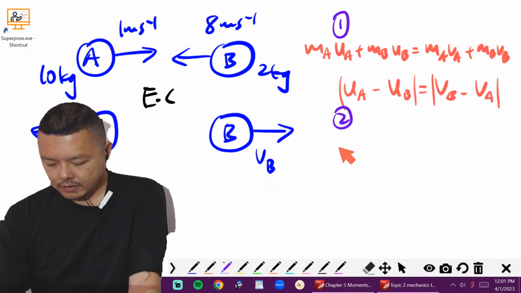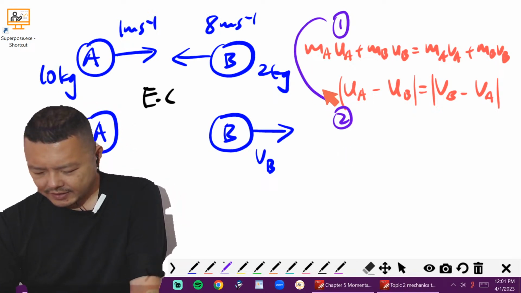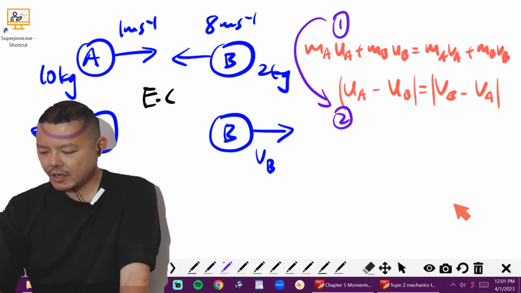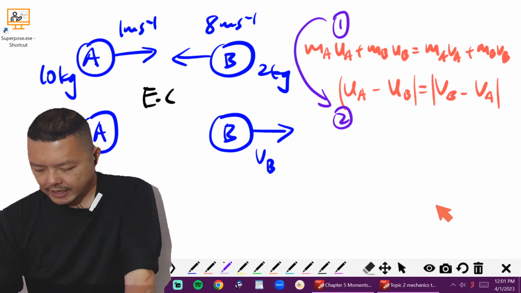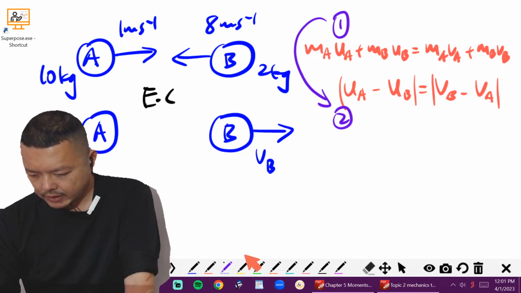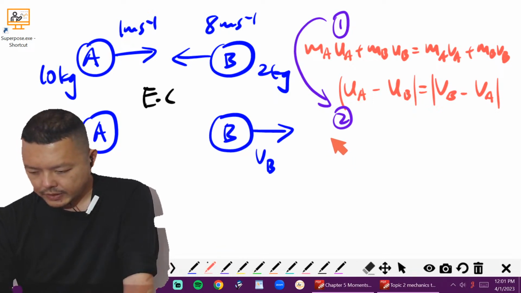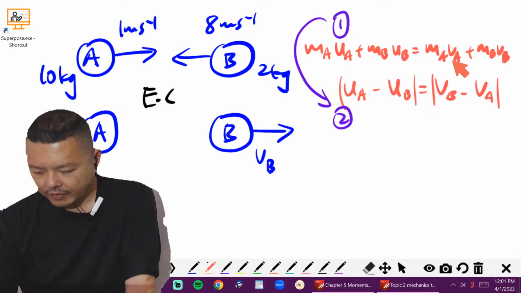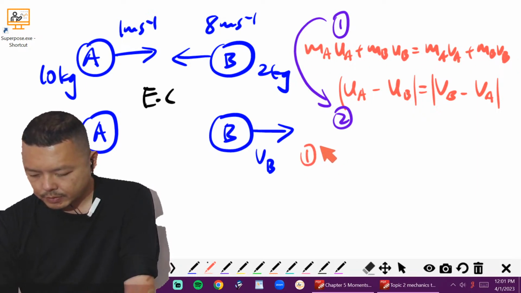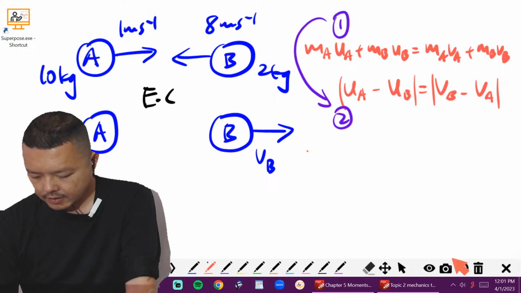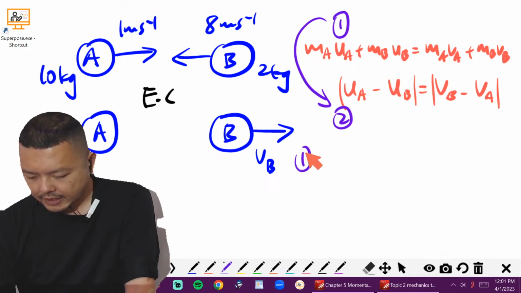Use this one first, then this one, right? Okay, so we express equation one first. Can I get the expression for equation one? As in I do number one first, I simplify number one first.